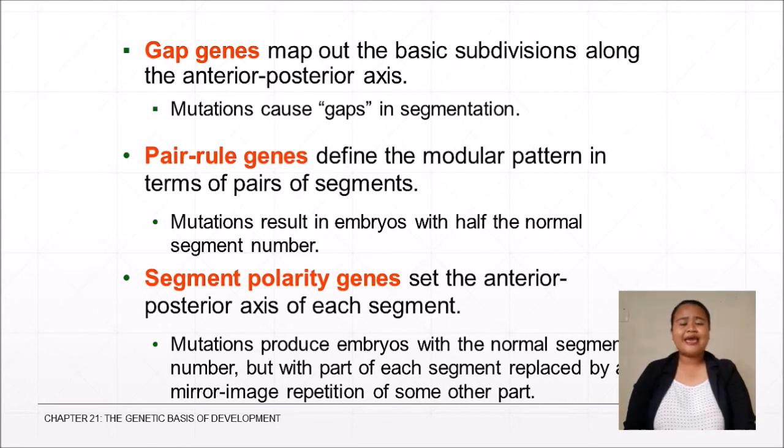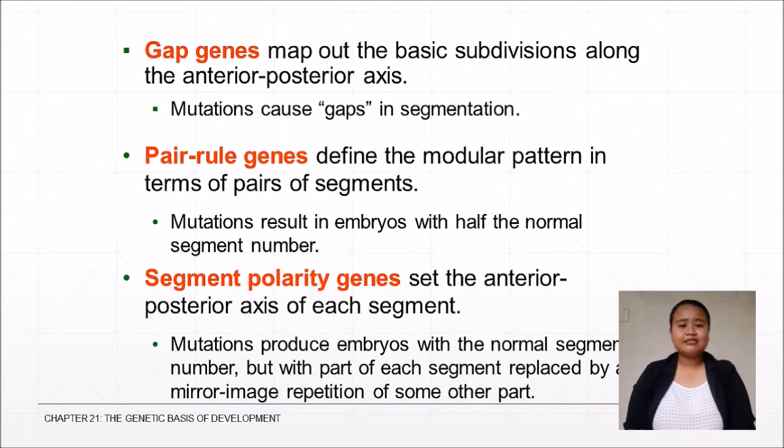The second gene to be activated is the pair rule gene. Pair rule genes define modular pattern in terms of pairs of segments. Mutation in this gene will result in an embryo having half the normal number of segments. The third and final gene to be activated in segment formation is the segment polarity gene.